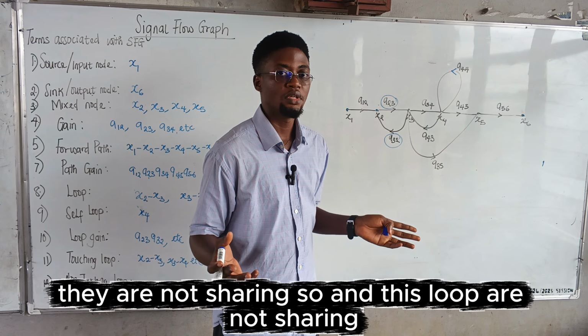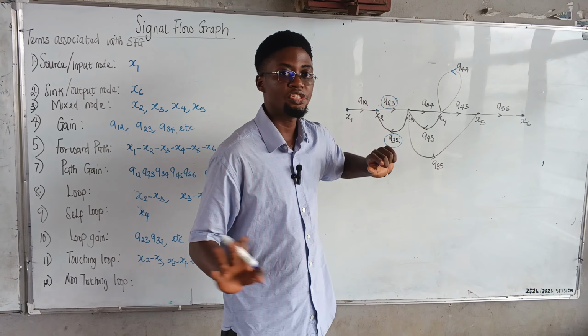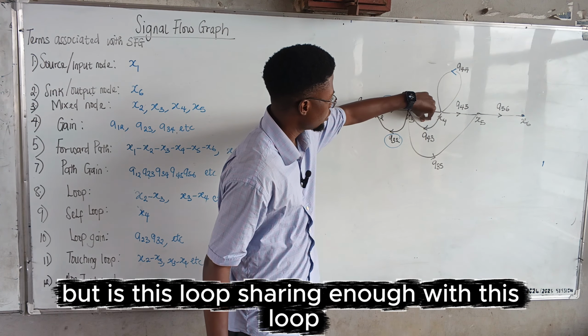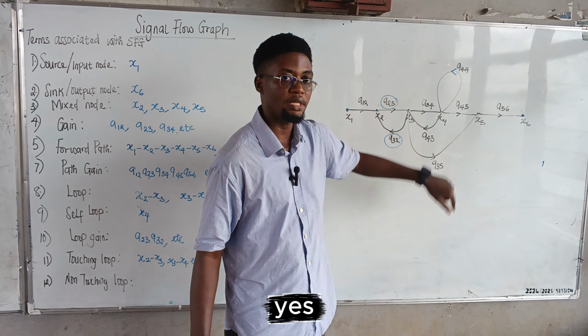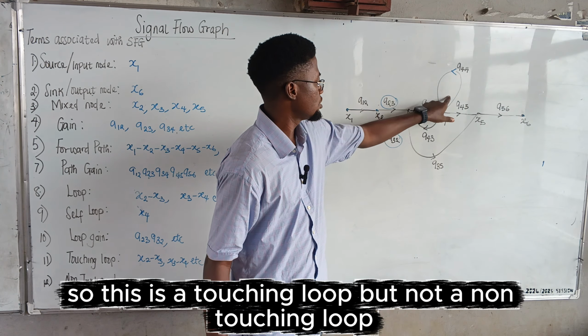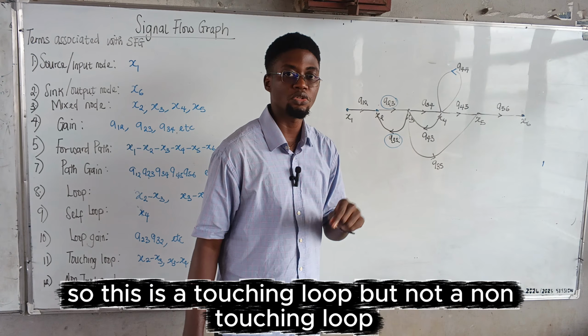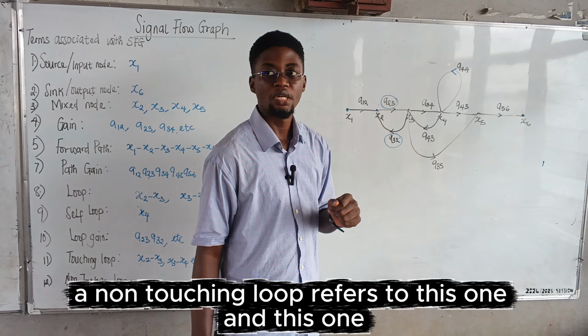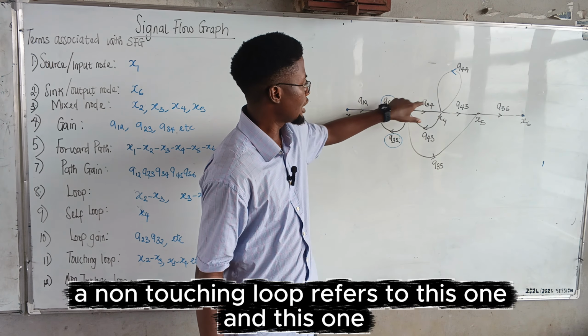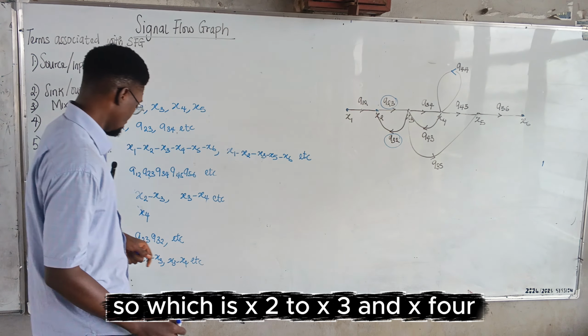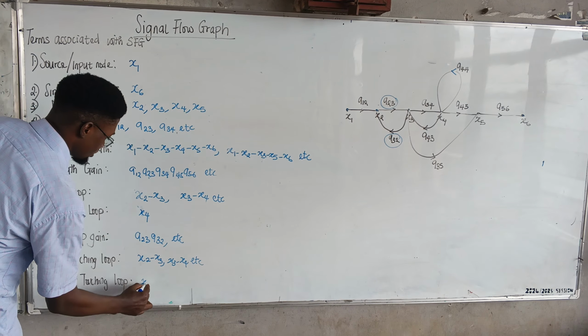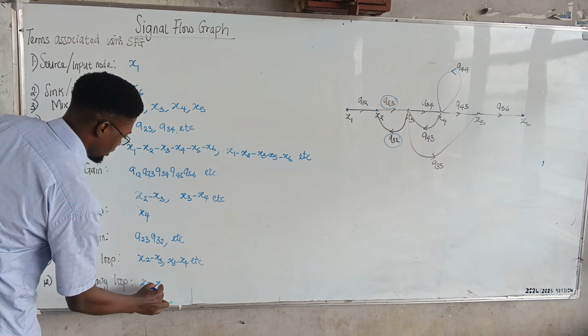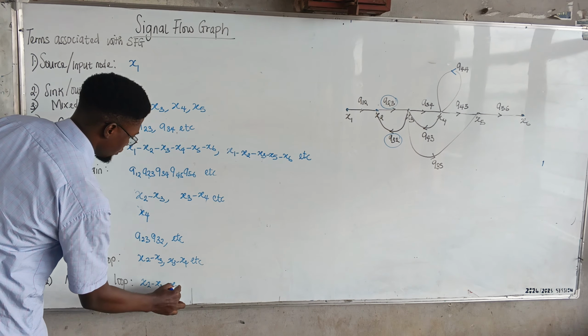They are not sharing. But is this loop sharing a node with this loop? Yes. So this is a touching loop, but not a non-touching loop. A non-touching loop refers to this one and this one, which is x2 to x3 and x4.